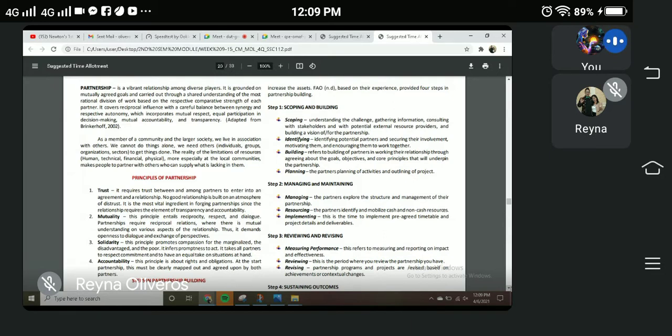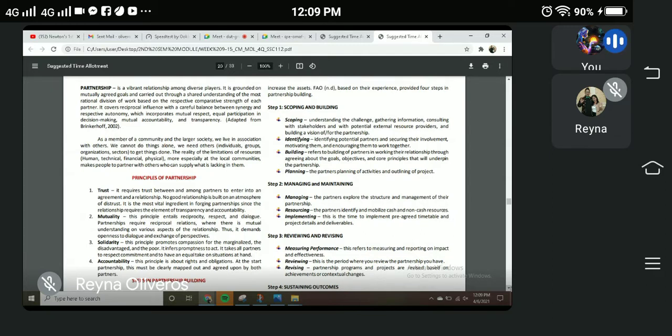When we say solidarity, this principle promotes compassion for the marginalized or disadvantaged and of course the poor. It infers the promptness to act, and it takes all partners to respect the commitment and to have an equal take on situations at hand. Yun yung tinatawag nating solidarity.